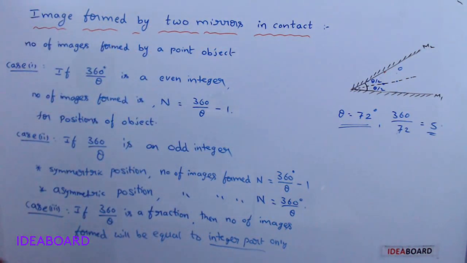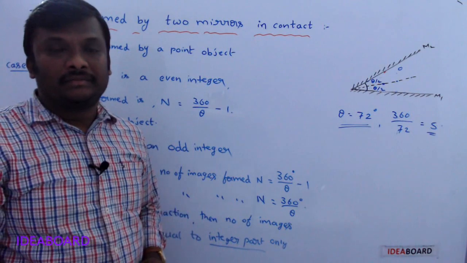So here, how many images are formed? Just the integer part. I understand.